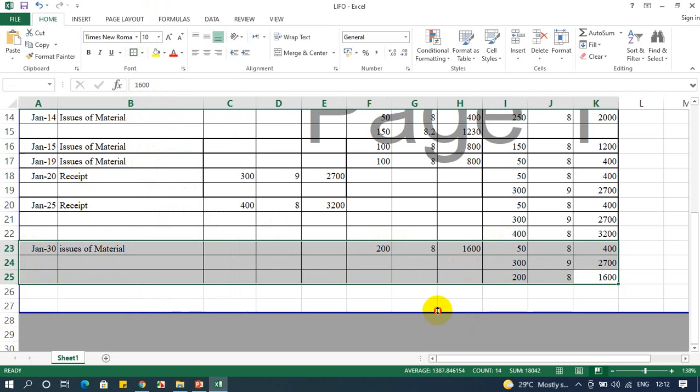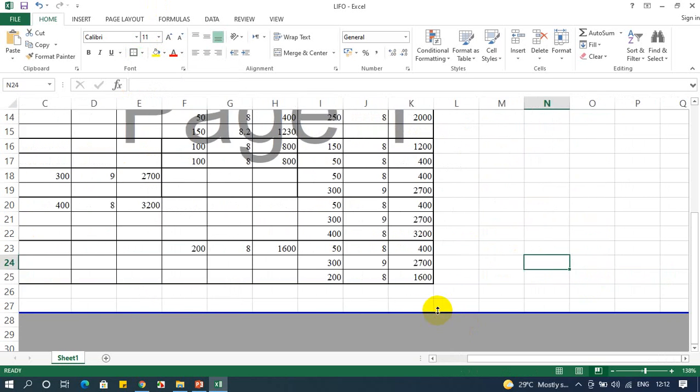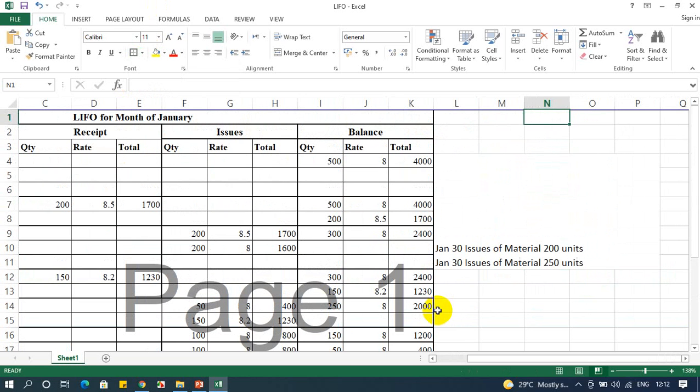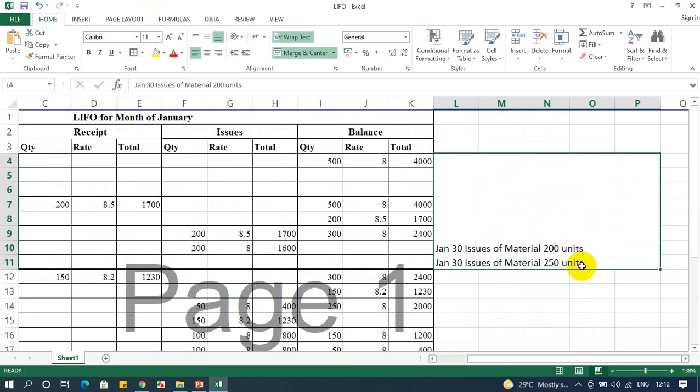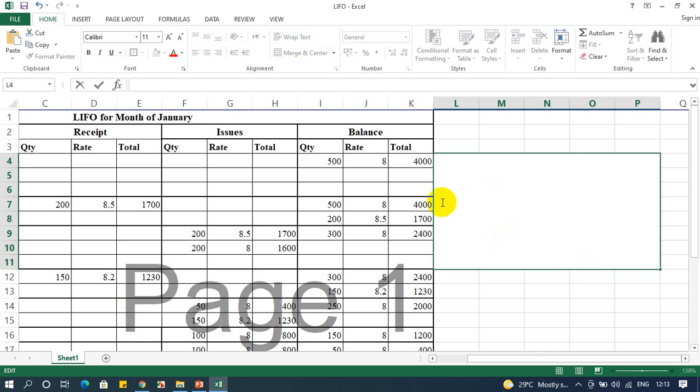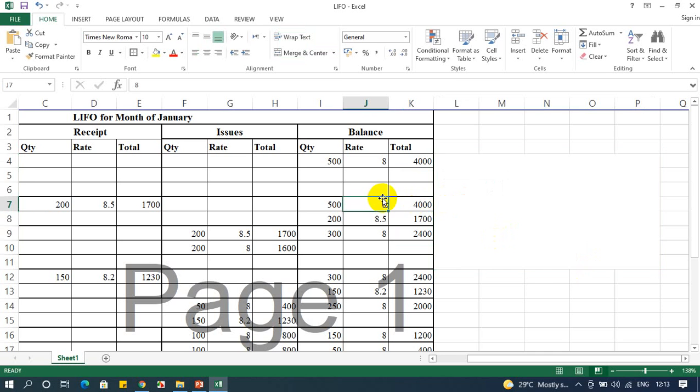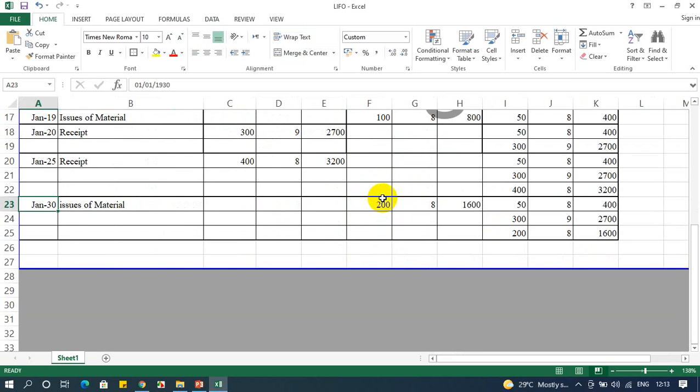In the last, again on January 30, we have an issue of material of 50 units, right? So how do we make the record of that? Coming here, writing January 30, issue of material, right? So we are issuing how much? 250.